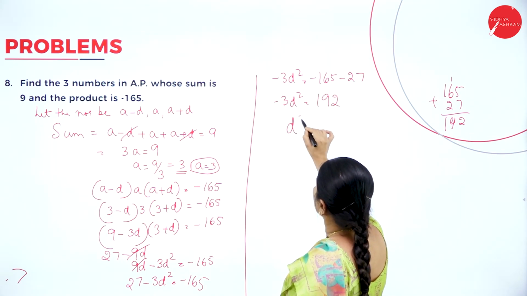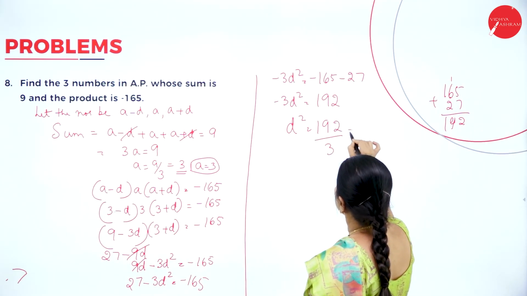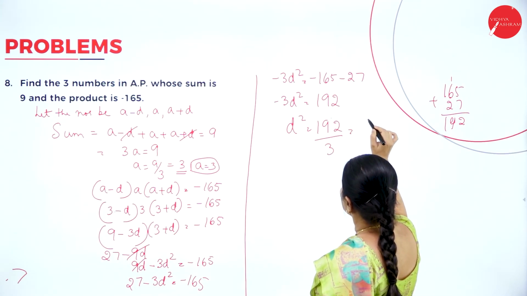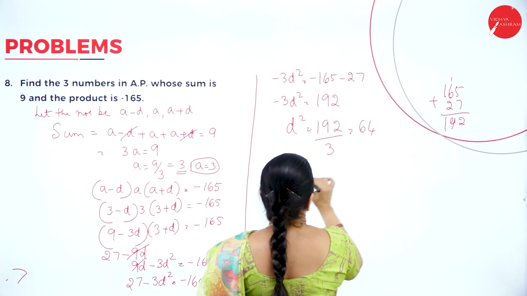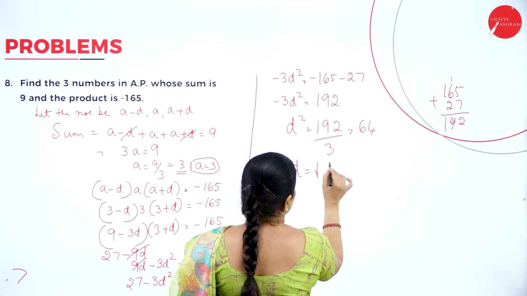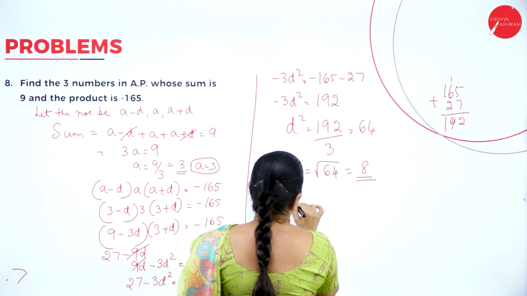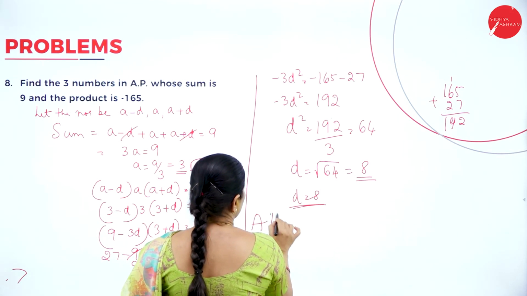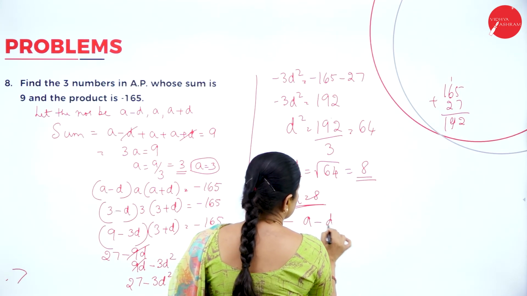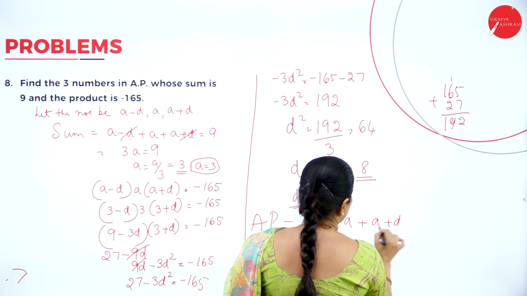So, D square will be 192 by 3. 3 6s are 18, 3 4s are 12, 64. D equals root of 64, that is 8. So, D equals 8.